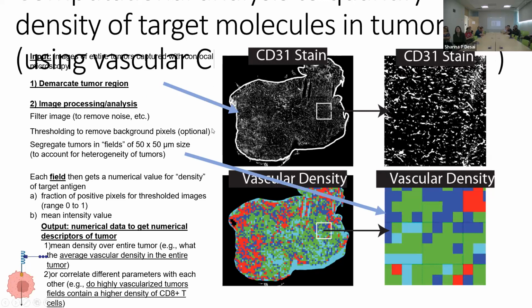So what I'm doing is, I look at this image. In this case, I'm even drawing a manual boundary. It's not too many tumors, so it's possible to look at it. You look at the high magnification, and in this case it's a vascular stain.